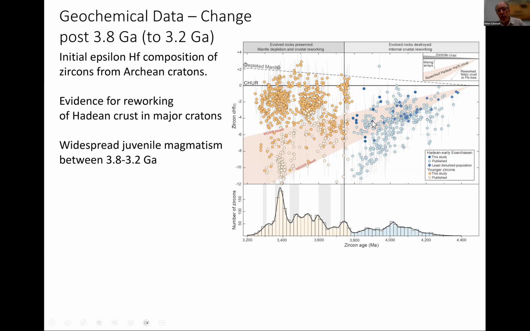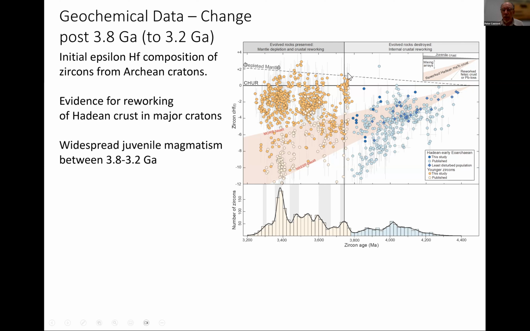They were variously reworked. So here we might say we had a zircon that's got an age of around 3.8, so that's when the magma crystallized, but it was crystallization of a magma that had resided in the crust probably since about 4.4. So we see this long history of reworking of magmas throughout the Hadean back to this earlier stage.